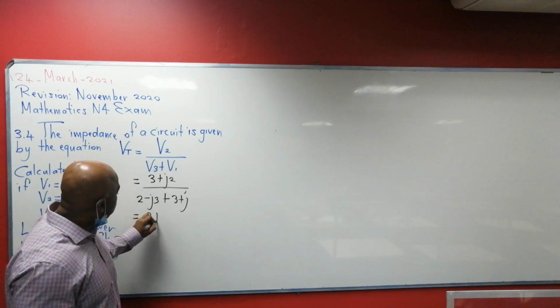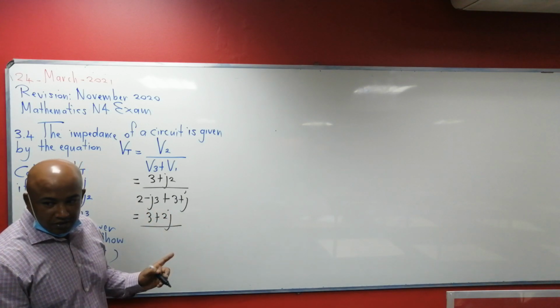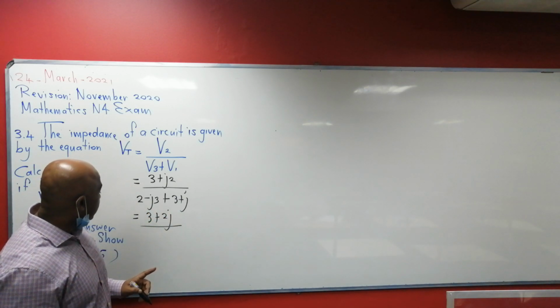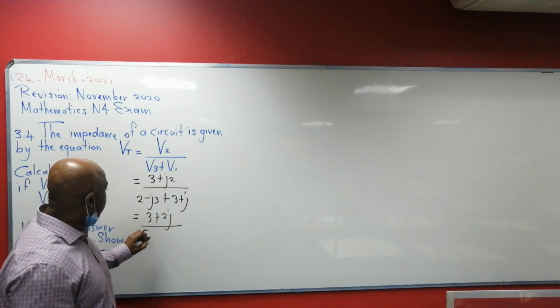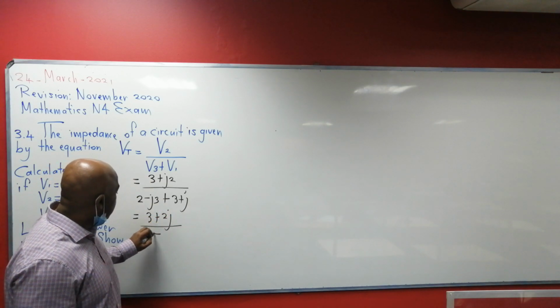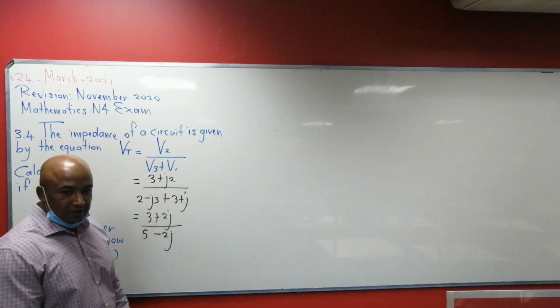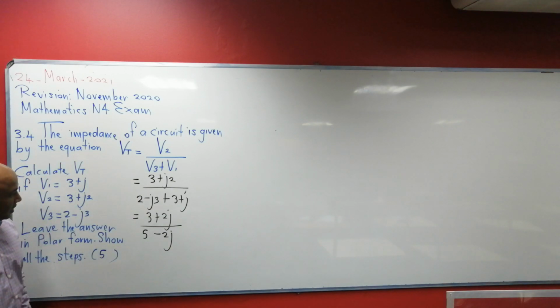So that's going to be 3 plus, I prefer to write it as 2J so we don't get confused with the square there. And here in the denominator, we got 2 plus 3, that will be 5, minus 3J plus 1J is minus 2J.